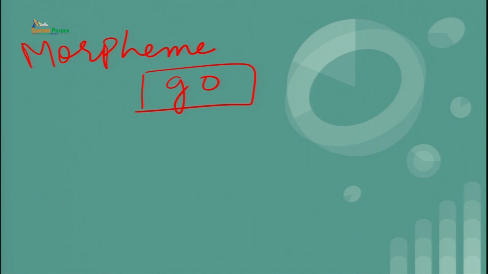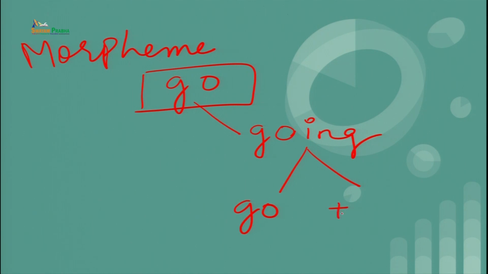Because if you decompose it, then you will find that the entities are not going to be meaningful. So, you can add something over here in a lot of ways. For example, you can say going, right. So, how does this going work? You can further decompose it and make it go plus ing.